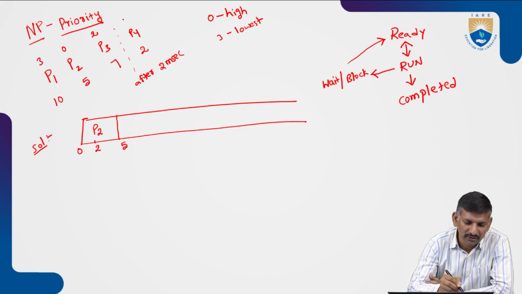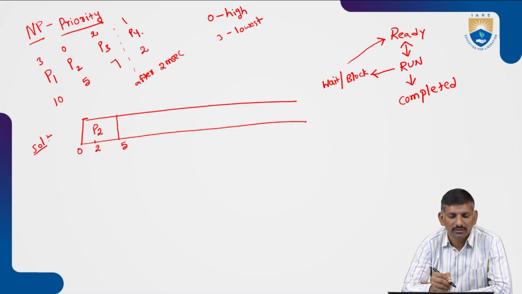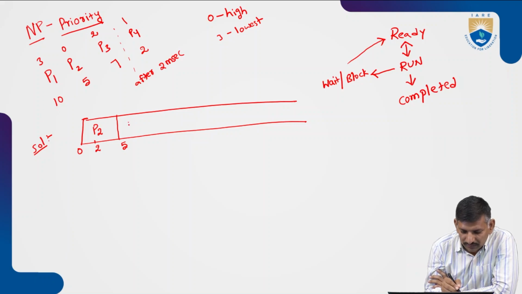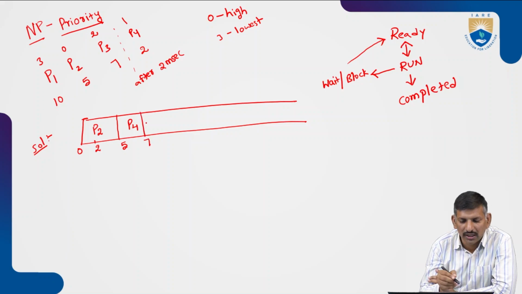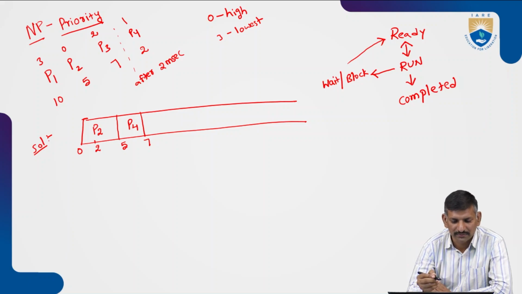Here, this priority is 1. So, P4 has the highest priority, so that is scheduled for execution. Its execution time is 2 milliseconds. Since it is non-preemptive, only after completion of P4 does the scheduler check the ready state for scheduling the process.